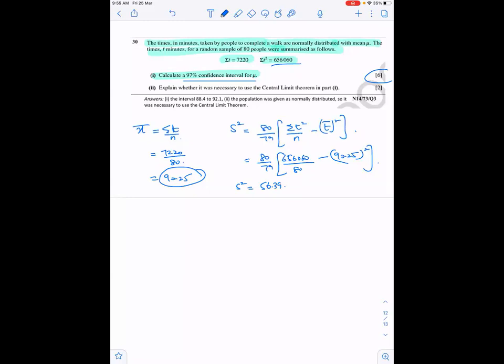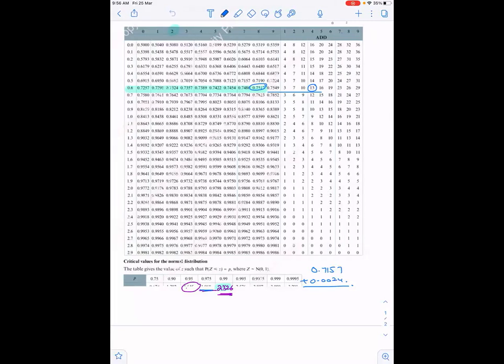Fine. So we need to create the 97% confidence interval. Phi of z equals to, you want a 97% confidence interval, that means 3% is left, so 1.5% here, 1.5% here. This whole area should be 0.985. Okay, so I'm using the table. 0.985 is not here, so we can find it from here.